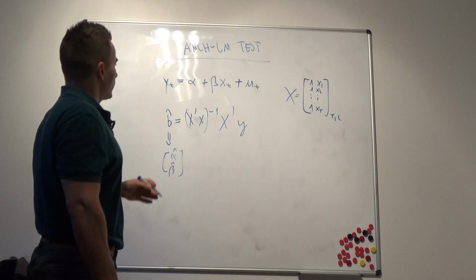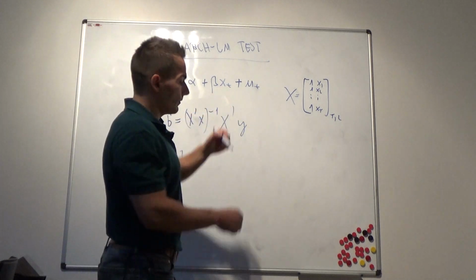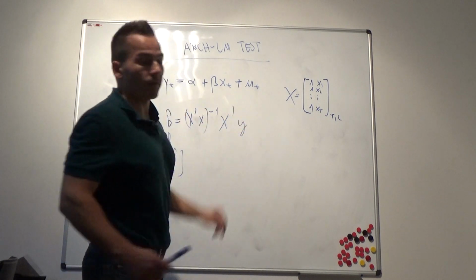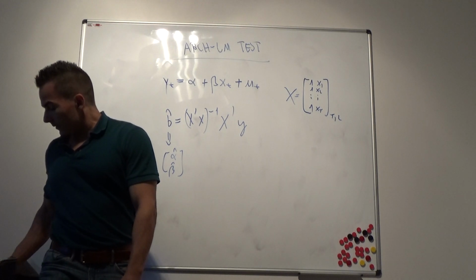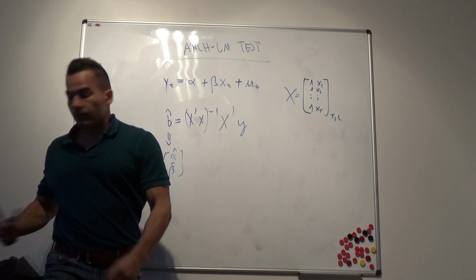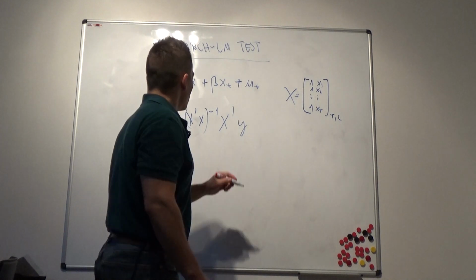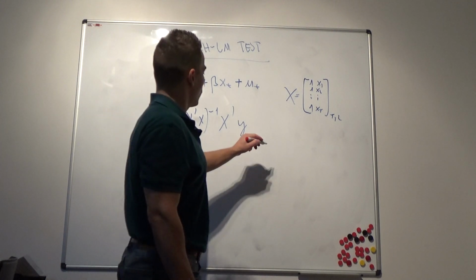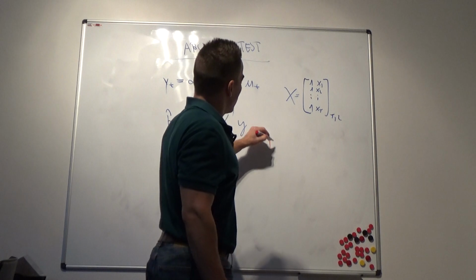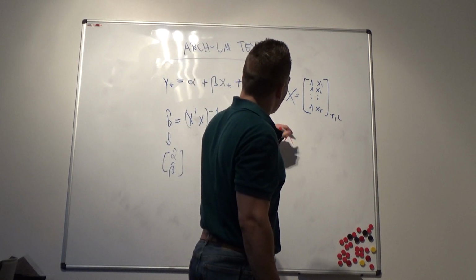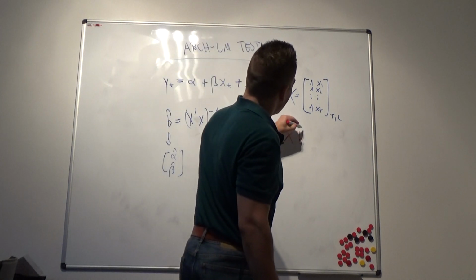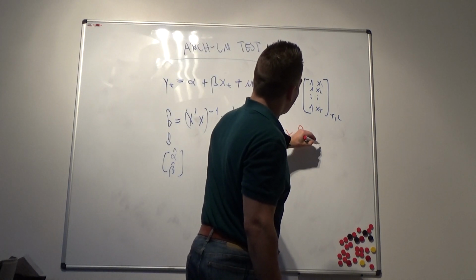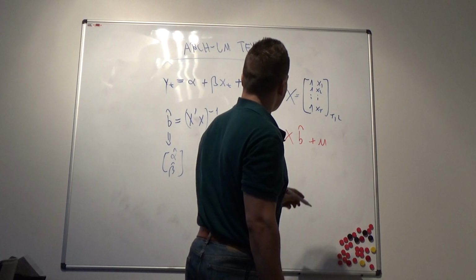So what we can do then is retrieve the residuals from that equation. How do we do that? Well, we know from our linear regression model that y is equal to x times our beta hat plus u hat.